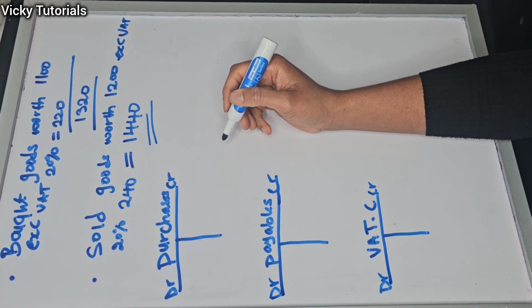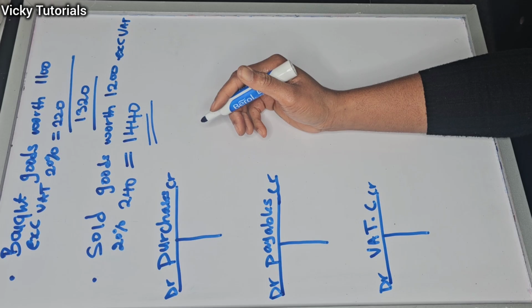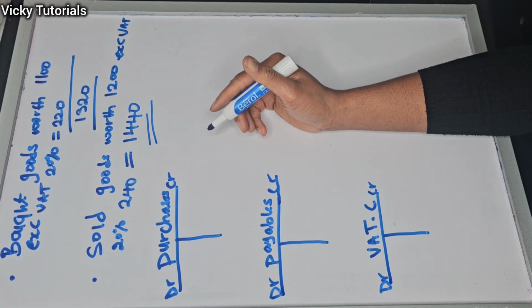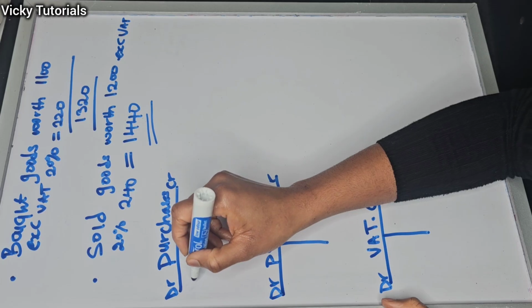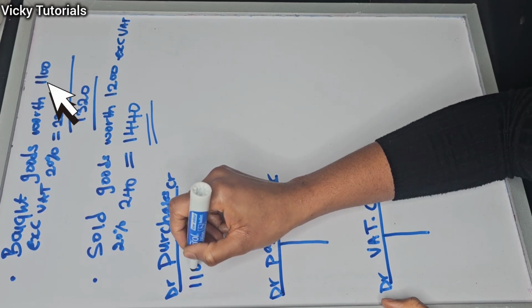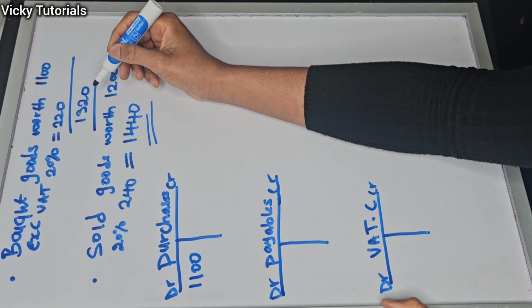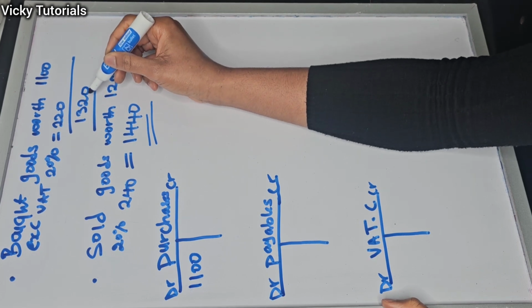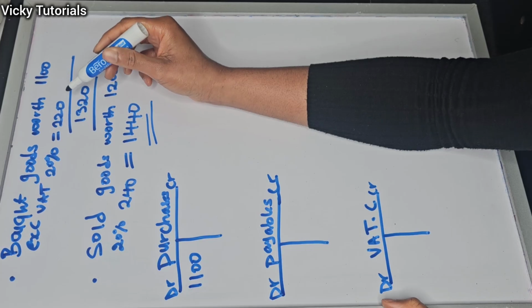We bought goods worth 1,320. So within your purchases, you are going to record the worth of the goods that you bought, and in this case it is 1,100. We know that the total goods that we bought is 1,320, and 220 applies to the VAT.